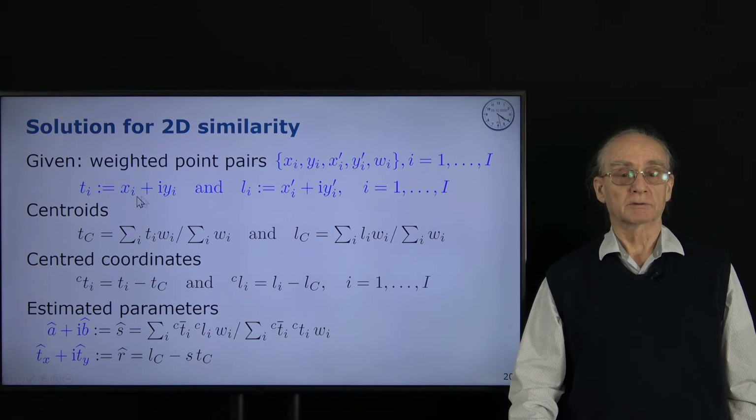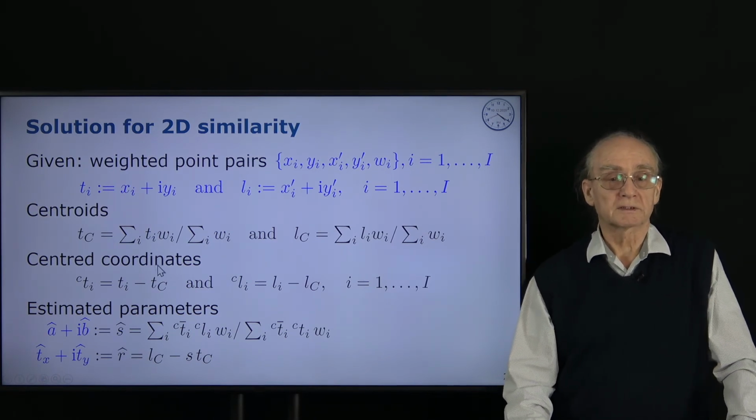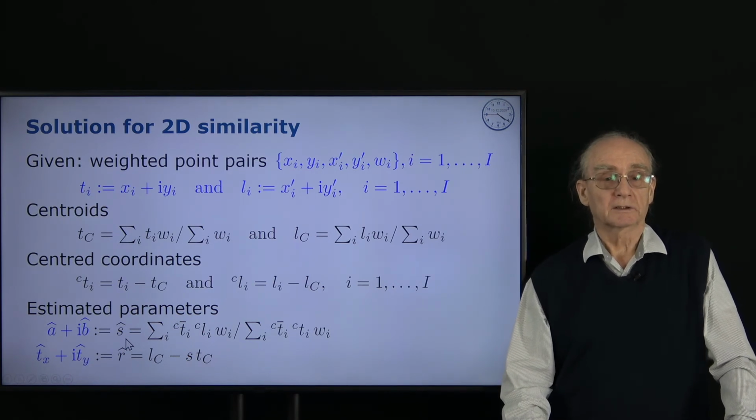So x_i plus i y_i is the first observation, etc. And these lines are exactly the same as for the line fitting. So we calculate the centroids, we take the centered coordinates, and then we actually get directly the estimate for our s, which is the sum of these products of the t's and the l's.